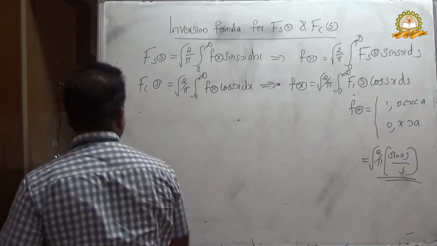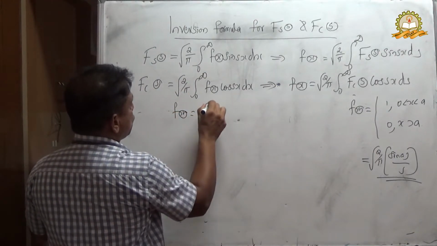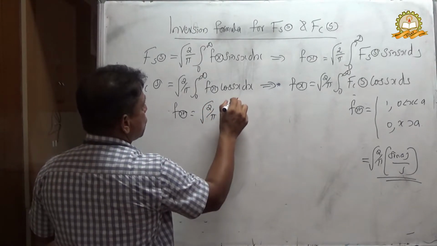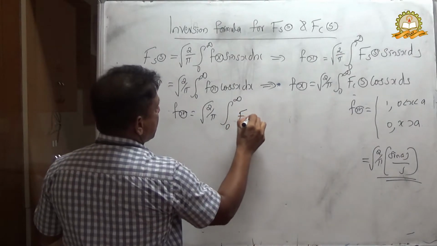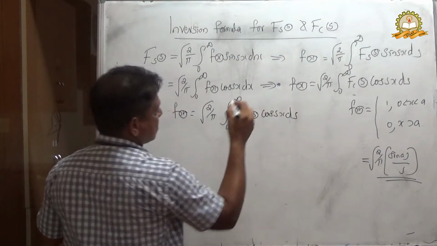Write the inverse formula. f of x is equal to root of 2 by pi integral 0 to infinity FCS cos sx ds.